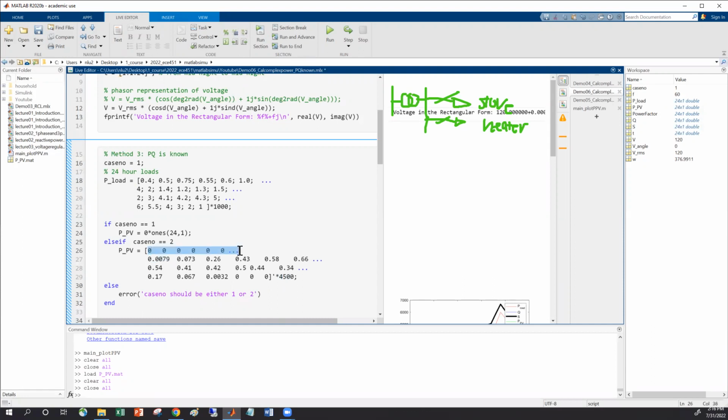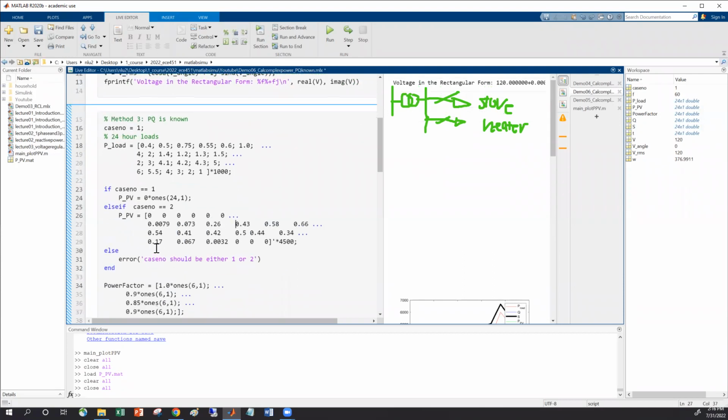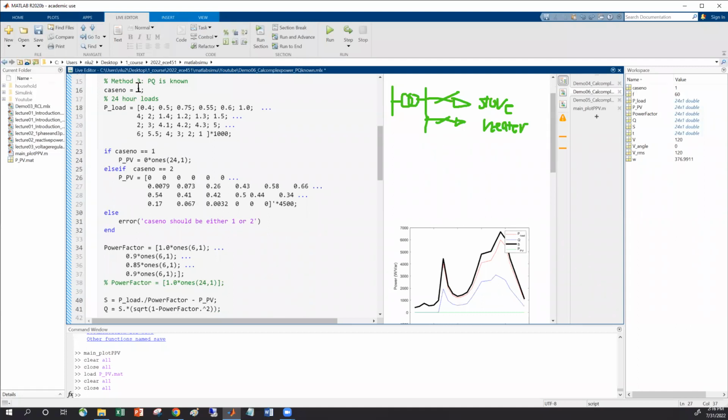At night it is 0, and then at 7 o'clock the sun comes out and the PV output will slowly increase. Currently I only set up case equals 1 and 2, so if you don't have these two numbers, it will send an error message.